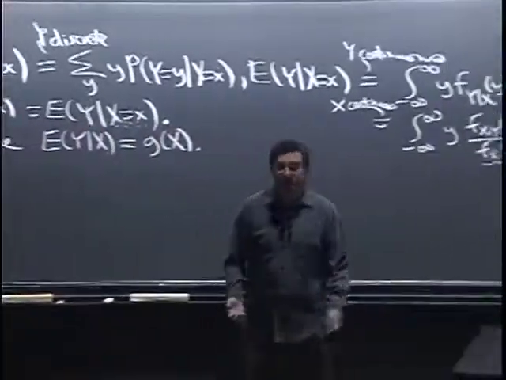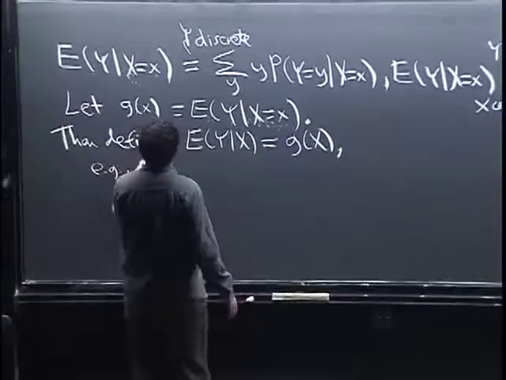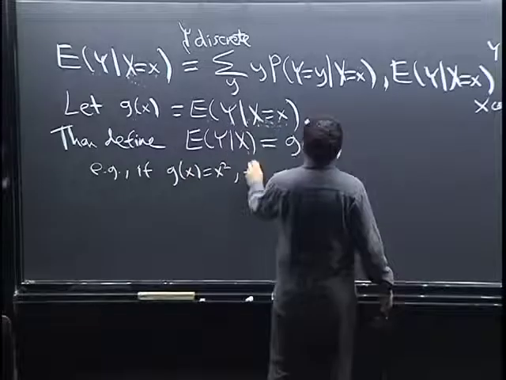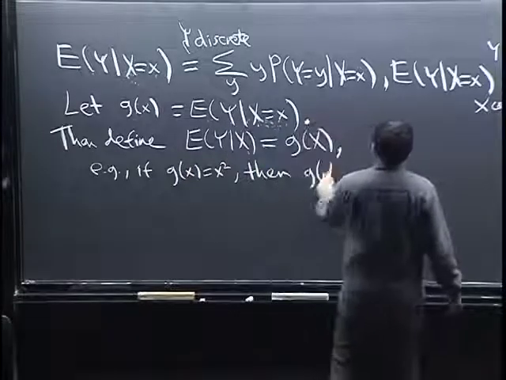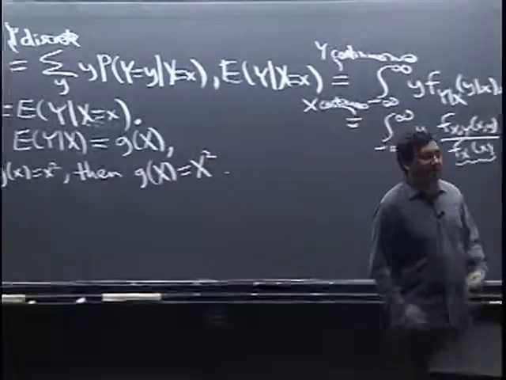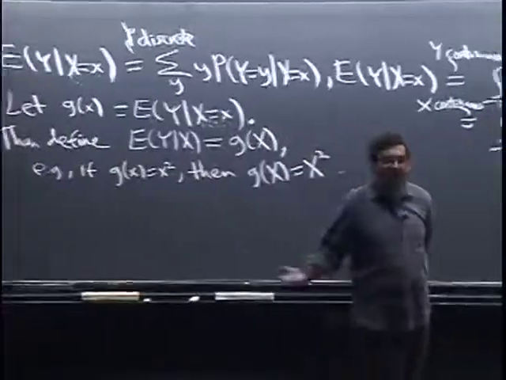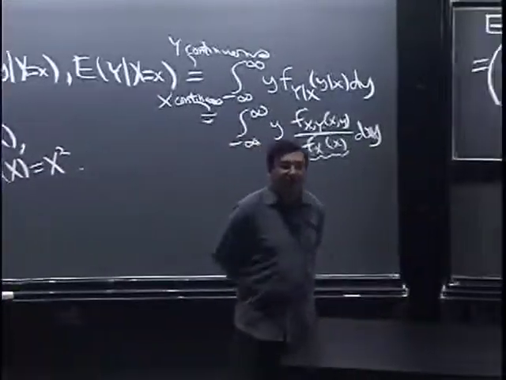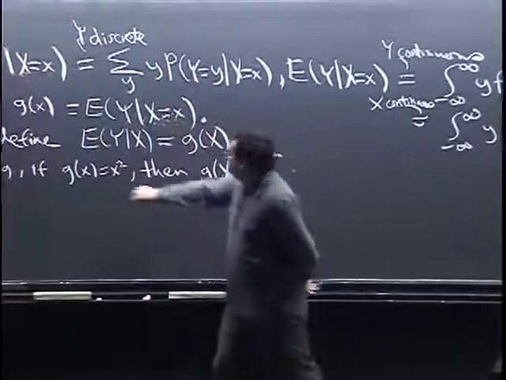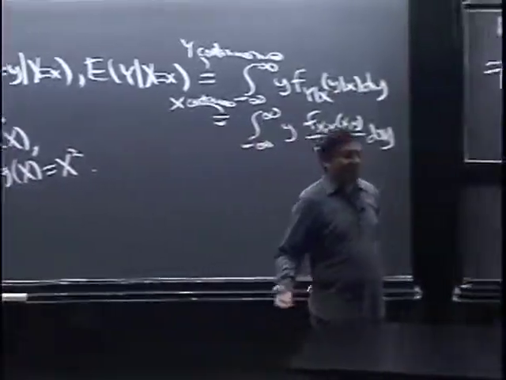Maybe it's x squared. As an example, if g of little x equals x squared, then g of big X equals big X squared. That's all it means. This is some function of x, and we replace little x by big X after we actually have our hands on that function. It's really a notational trap to think of plugging in x here. Notice that that's a random variable.